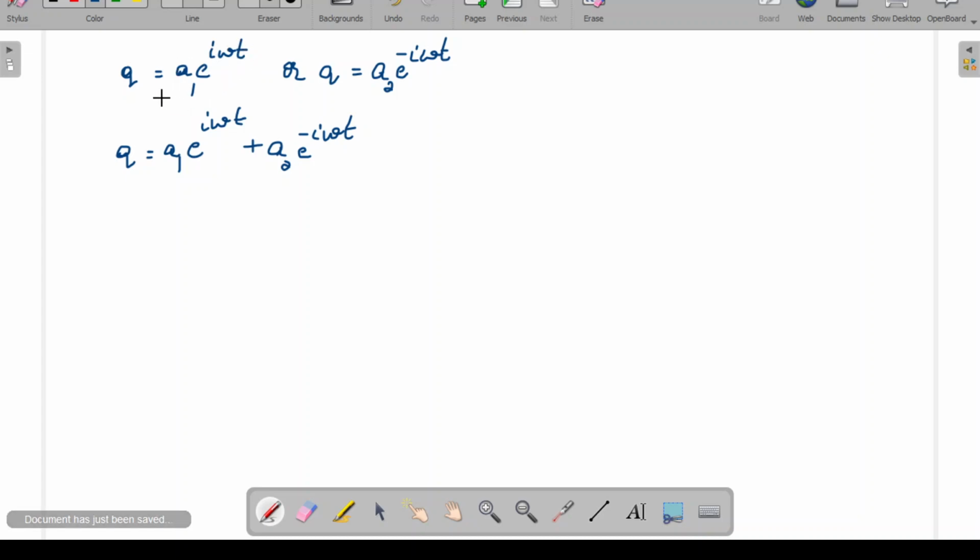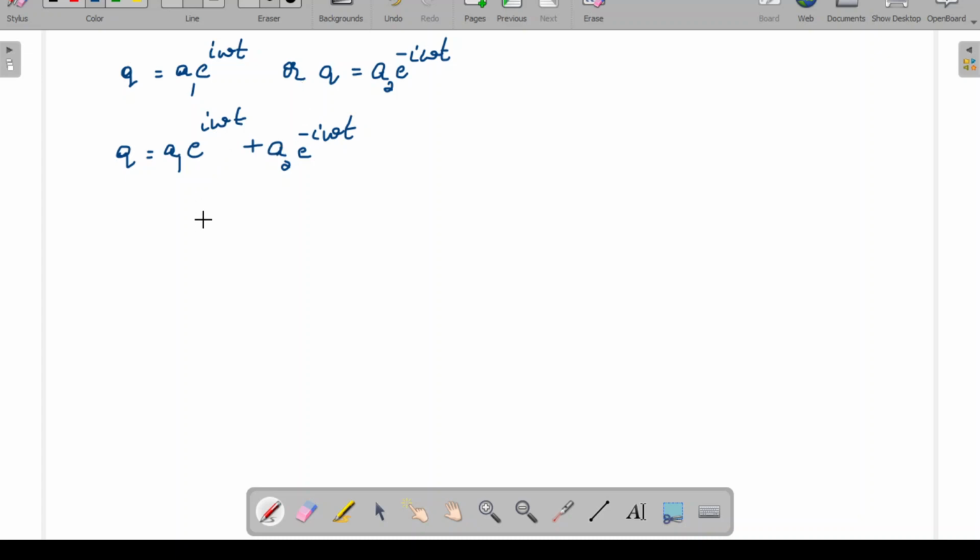So for q to be real, this complex number has to be multiplied by another complex number, then only q can be a real number. So I can say that a1 and a2 are complex conjugates.